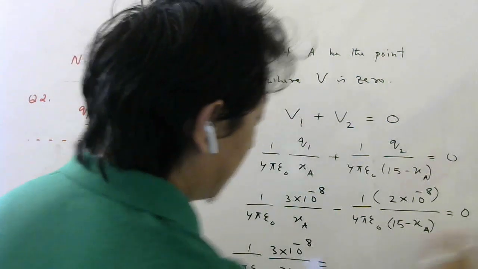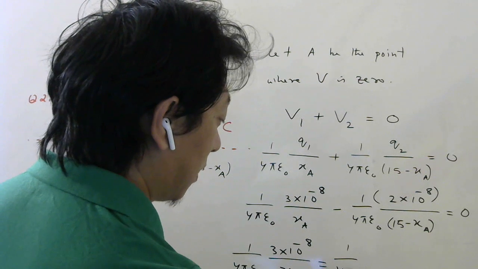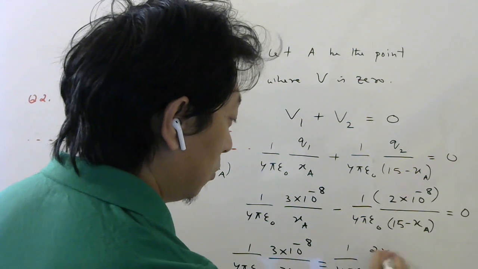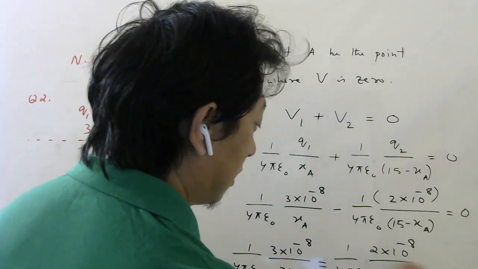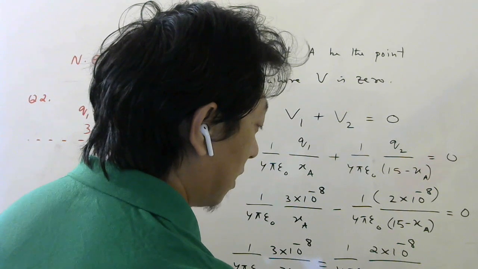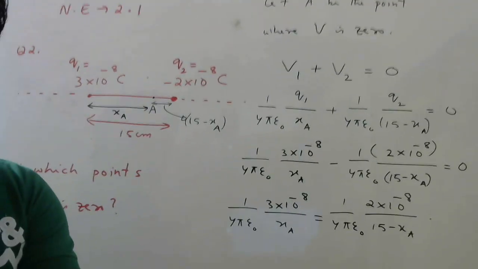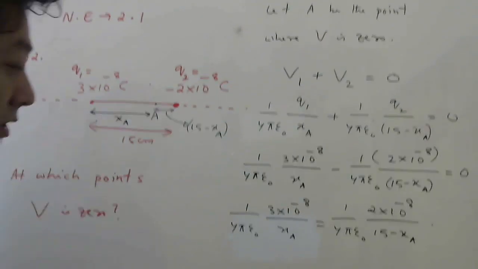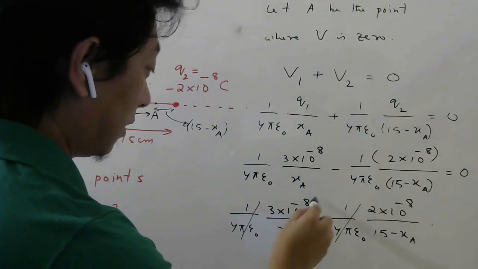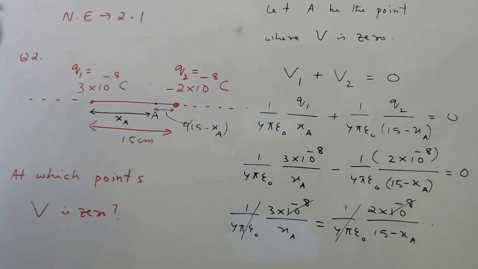Then you take it that side. So 1 by 4 pi epsilon naught 2 into 10 power minus 8 divided by 15 minus XA. Okay. So now you can cancel this and this. 10 power minus 8, 10 power minus 8. Correct?